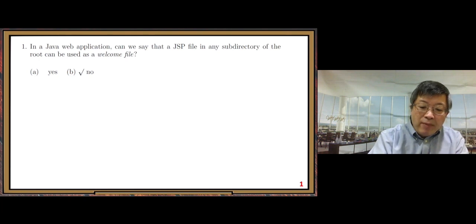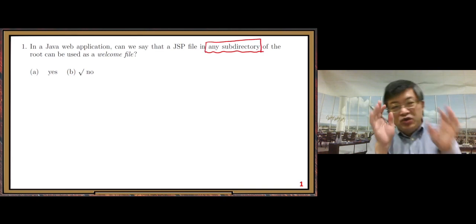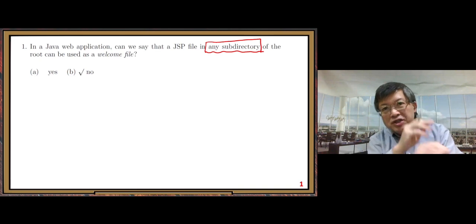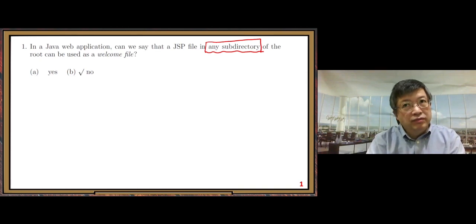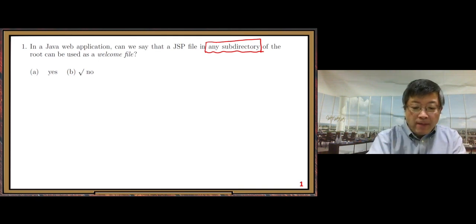Here it is. In a Java web application, can we say that a JSP file in any subdirectory can be used as a welcome file? Did you try to think about this? Any subdirectory, because there are some very special subdirectories. Think about one subdirectory, web-inf.